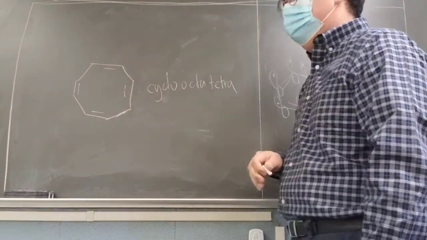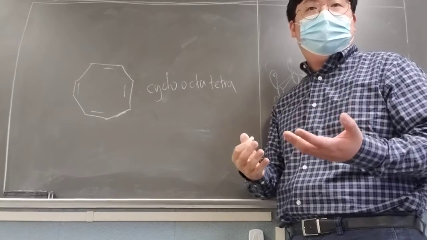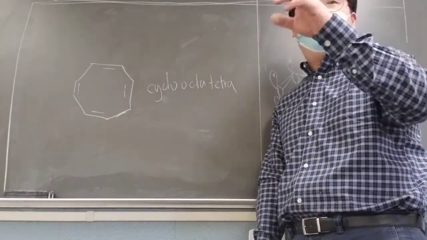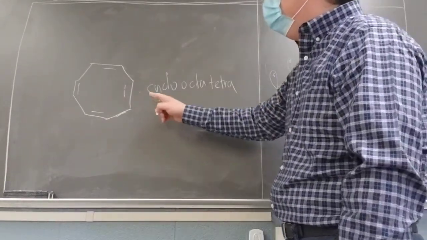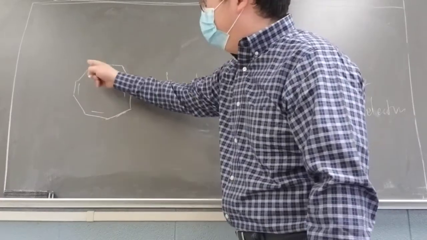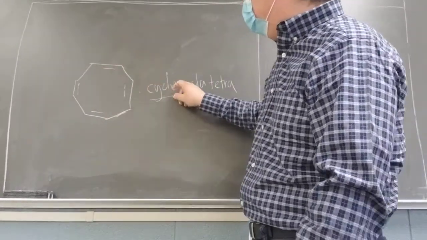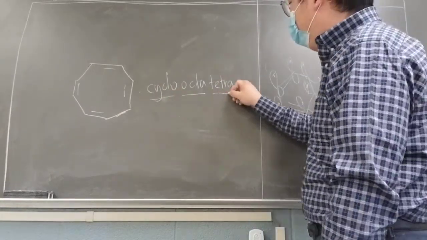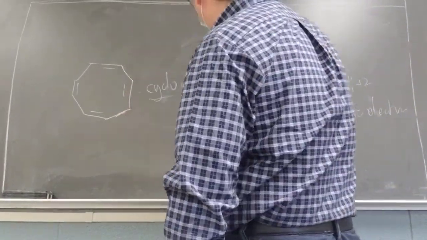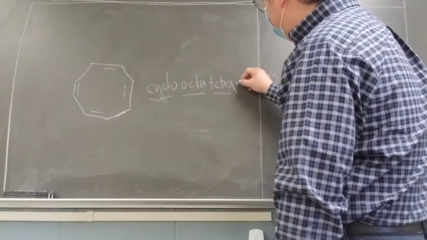Because we put cyclobutadiene when we had 2, so di means 2 double bonds. But you have a cyclic compound that has 8 carbons, so octa means 8 carbons in the cyclo structure. But we put tetra because we have 4 double bonds: tetraene.